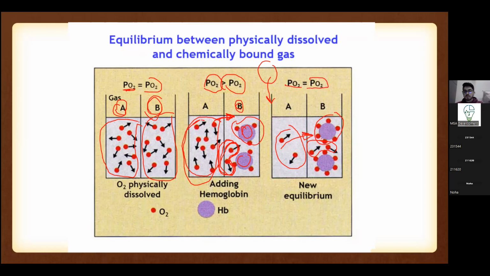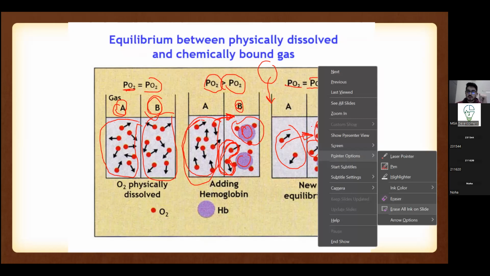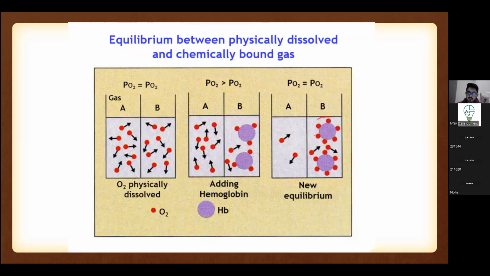And a very important concept that we need to know, guys, is that there is also an equilibrium, not between the two compartments, but between the chemically bound and the physically dissolved. Which means that when one physically dissolved molecule leaves or diffuses away, the hemoglobin is going to release an O2 molecule instead of it. It's going to sort of replace it, okay?